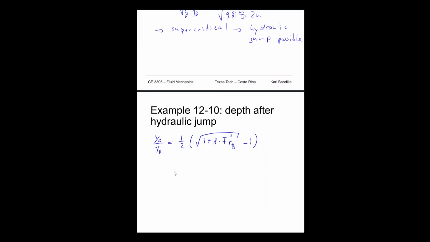All right, so then if we solve it for YC, YC would be YB over 2 times the square root of 1 plus 8 times Froude B squared, minus 1.